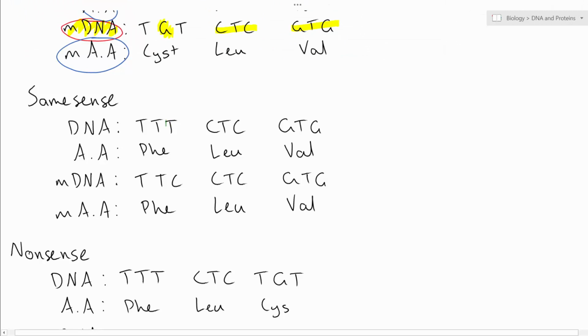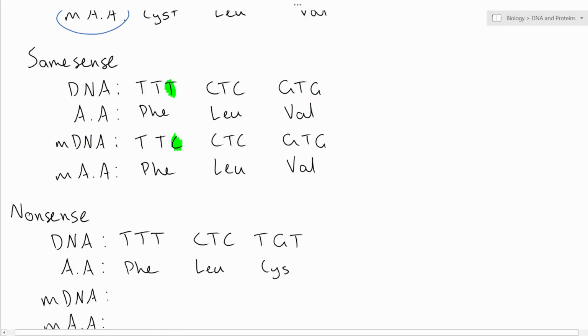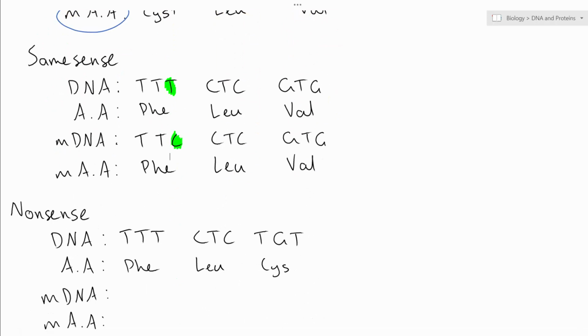What's occurred in this type of mutation is a substitution mutation, but we call it same sense instead of missense. We call it same sense because this T swapping to a C doesn't actually affect the amino acid being programmed for. So our sequence of TTT, CTC, GTG gives us phenylalanine, leucine, and valine.